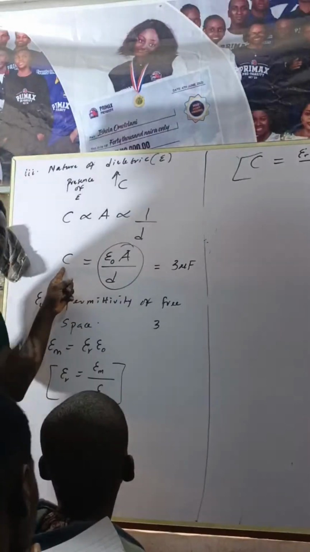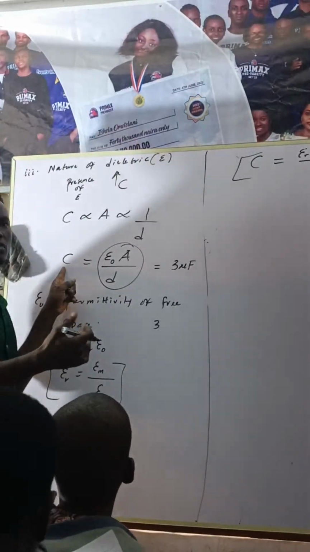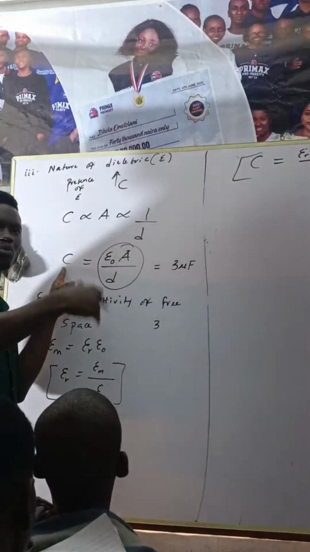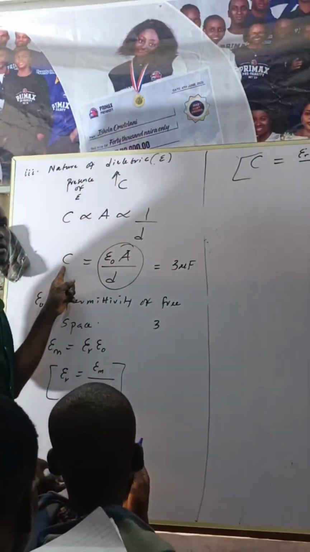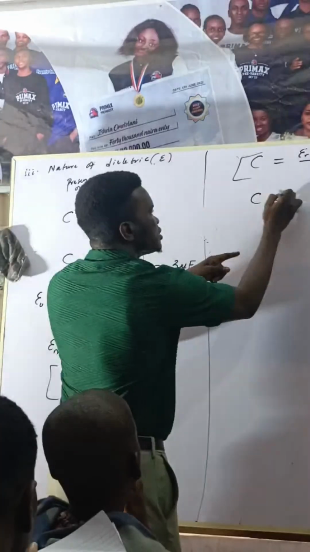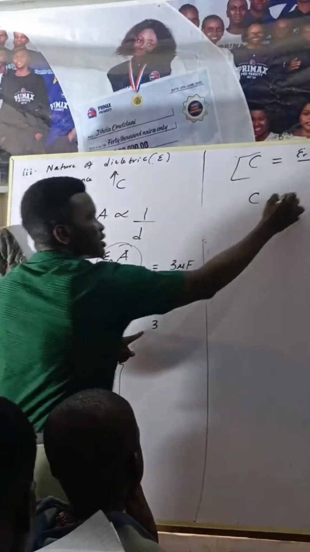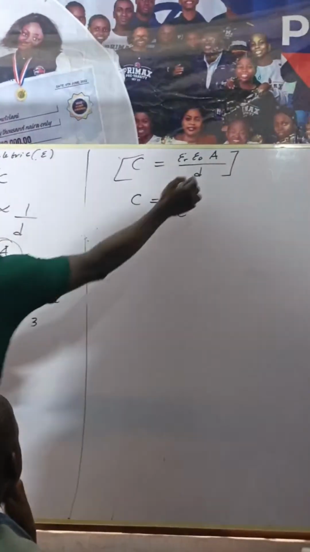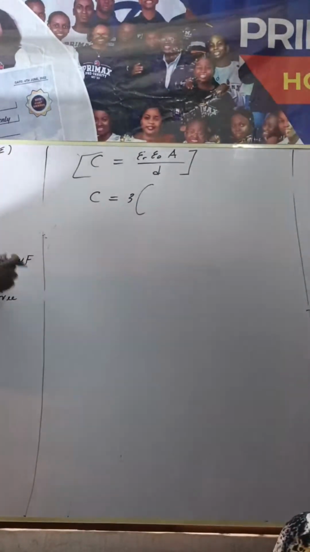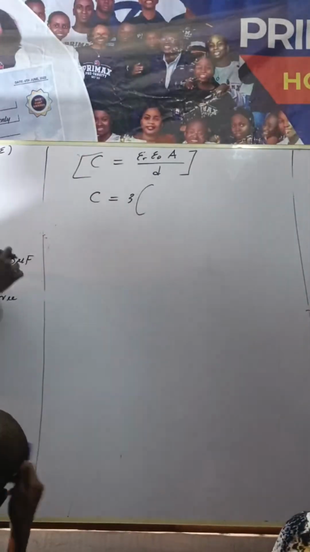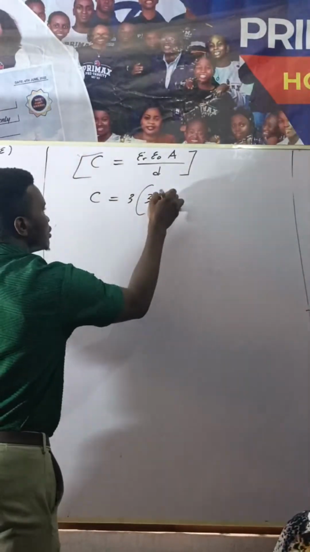It has increased it 3 times. The job that capacitor can do has been multiplied by 3. That means it increased capacitance. So I can just say C is equal to relative permittivity 3 into everything here. I'm just summarizing that story. So it's multiplied by 3.